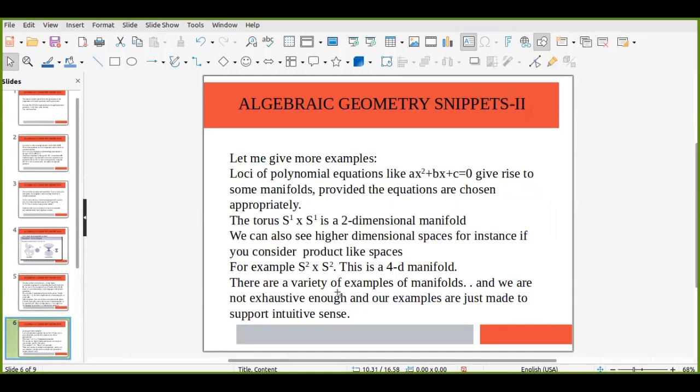We can also look at higher dimensional examples, like for example, S2 cross S2 is a four manifold. There are a variety of examples of manifolds, and we are not exhaustive. I'm just giving you this product-like space to support our intuitive sense, but you can give your own examples.